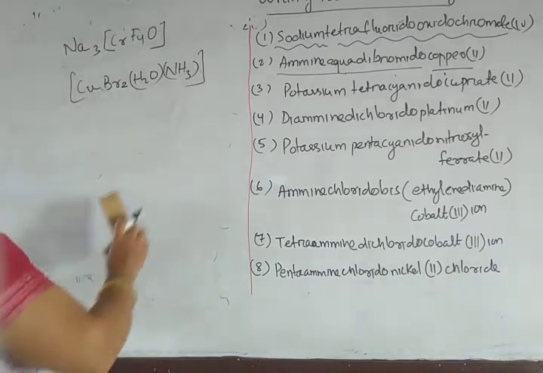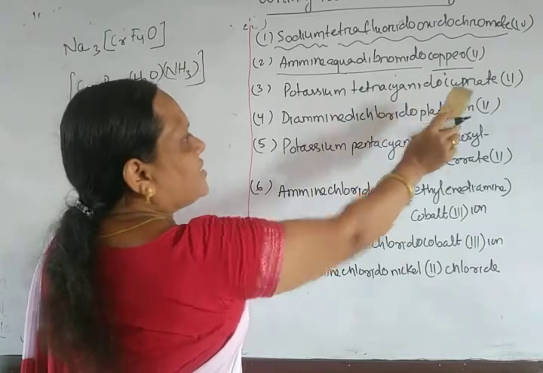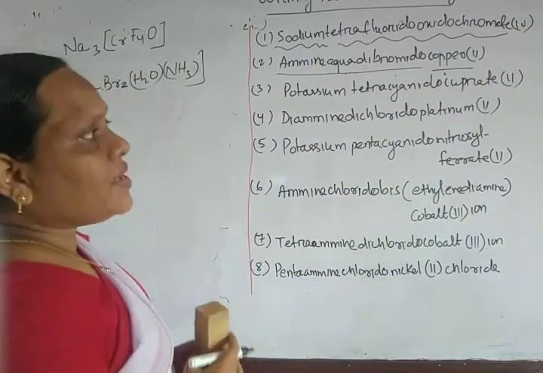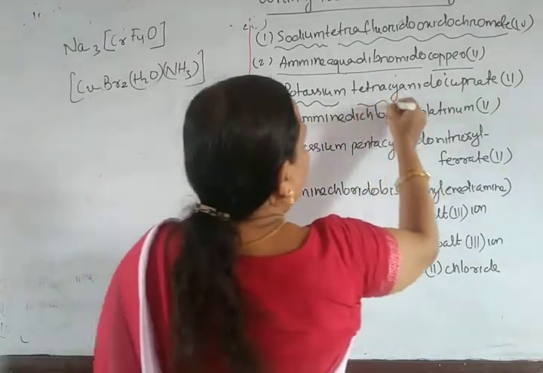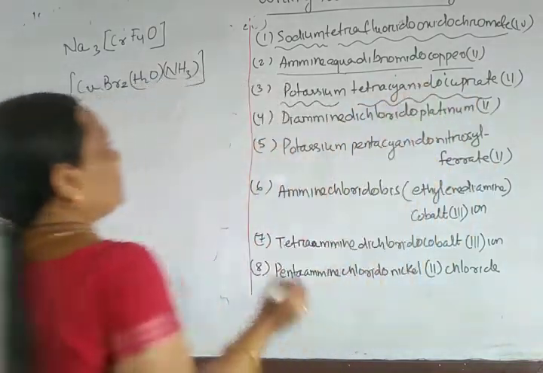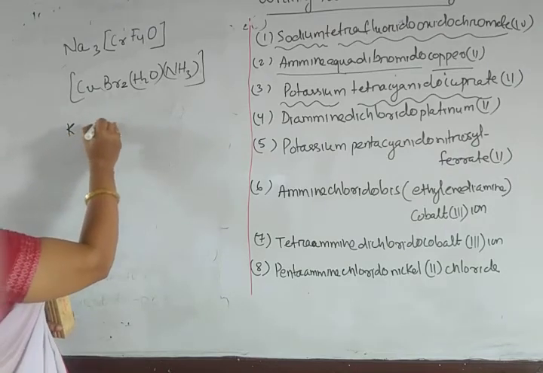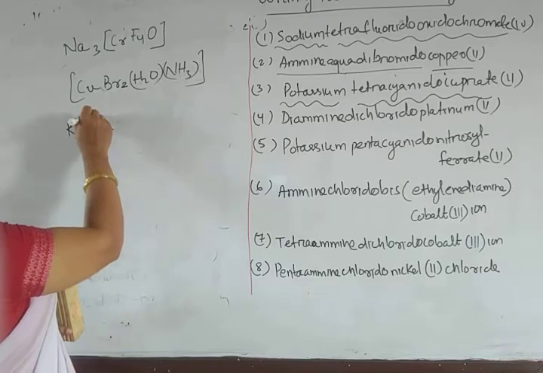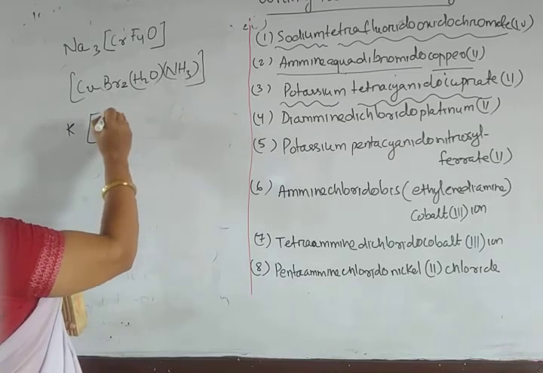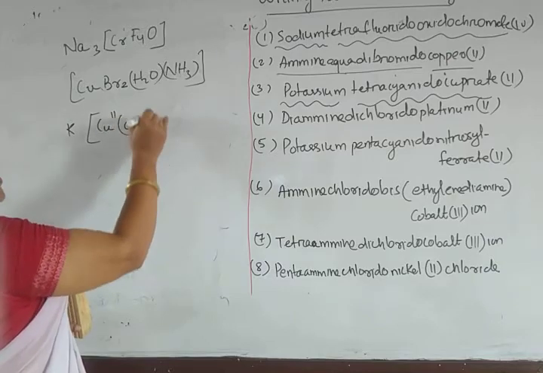Next come to question number 3. Potassium tetracyanido cuprate. The charge given to this is the positive part and this is the negative part. So in this way, in the name of the compound, first potassium, then cuprate. Copper is there in the complex part, with charge 2, tetracyanido CN whole 4.